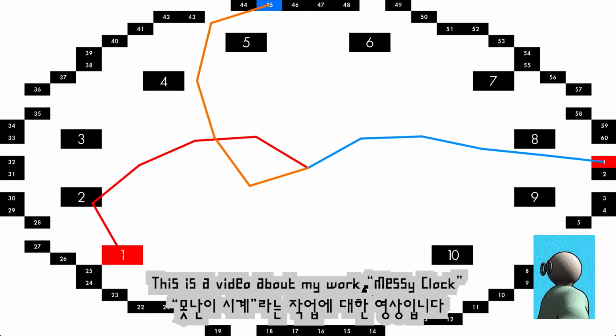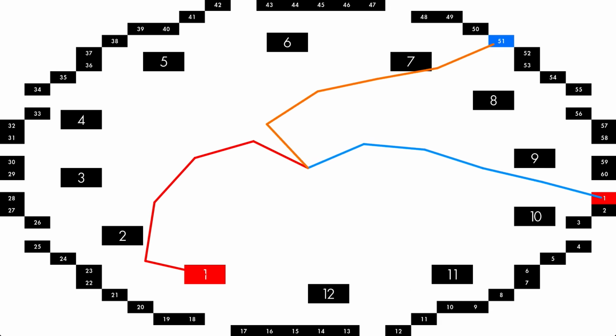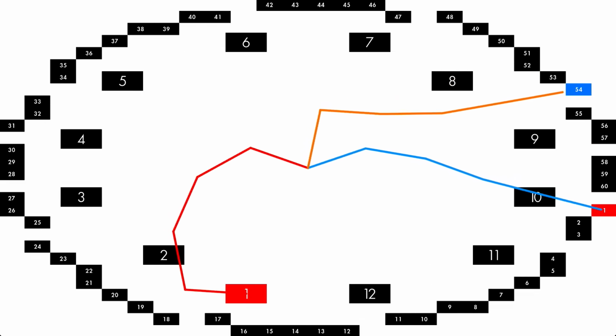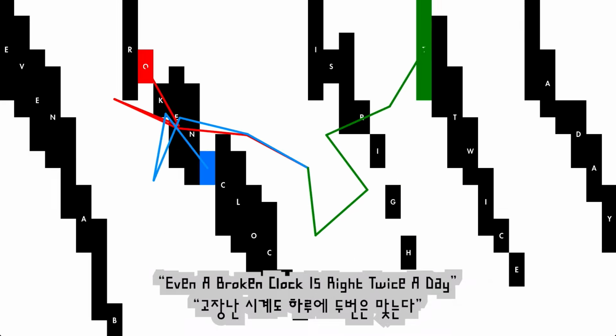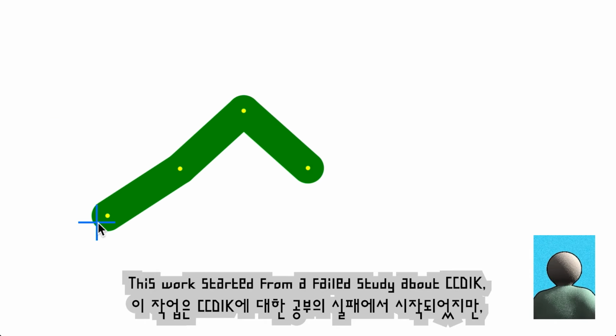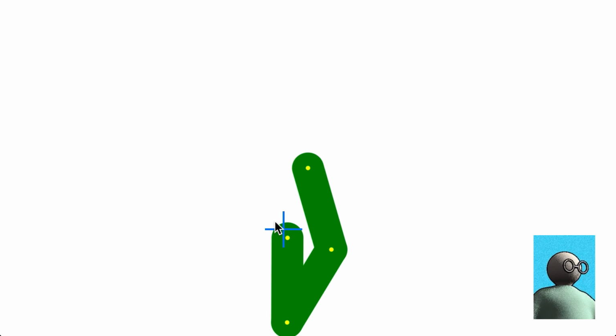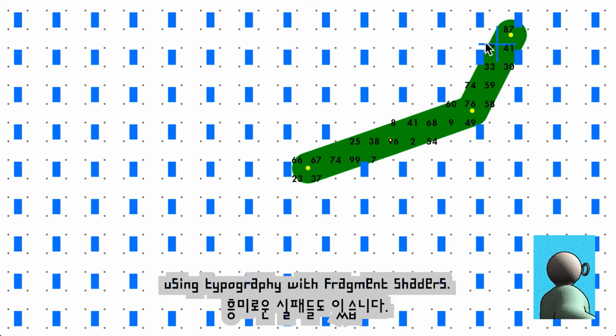This is a video about my work Messy Clock. This work started from a failed study about CCDIK, but also has some interesting failures about using typography with fragment shaders.